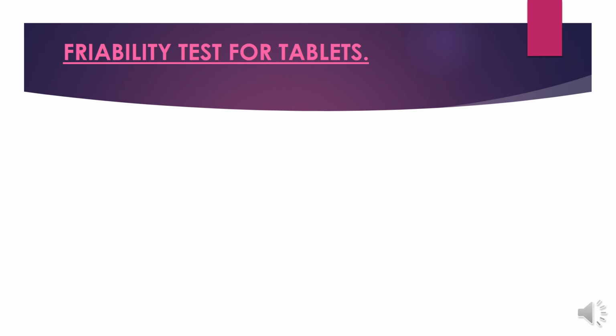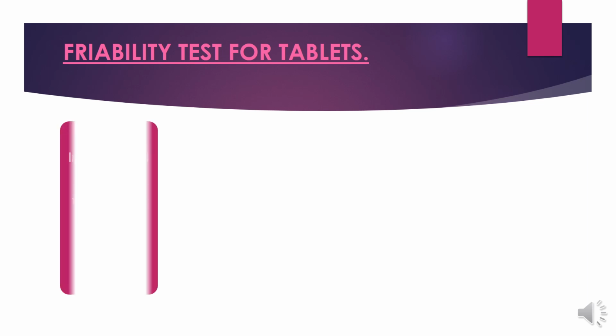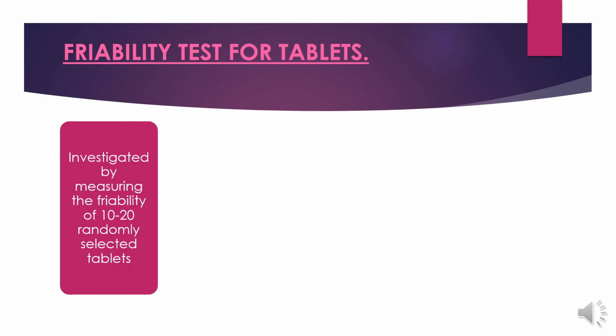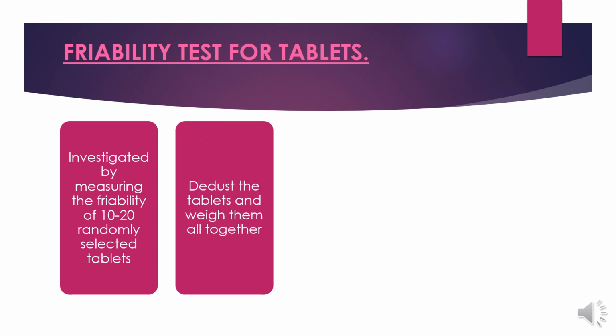Friability test for tablets. It is investigated by measuring the friability of 10 to 20 randomly selected tablets. The number ranges depending upon the manufacturer's instructions. Generally 10 to 20 tablets are selected for this test. Whatever the sample you have selected, you have to de-dust them and weigh them all together.